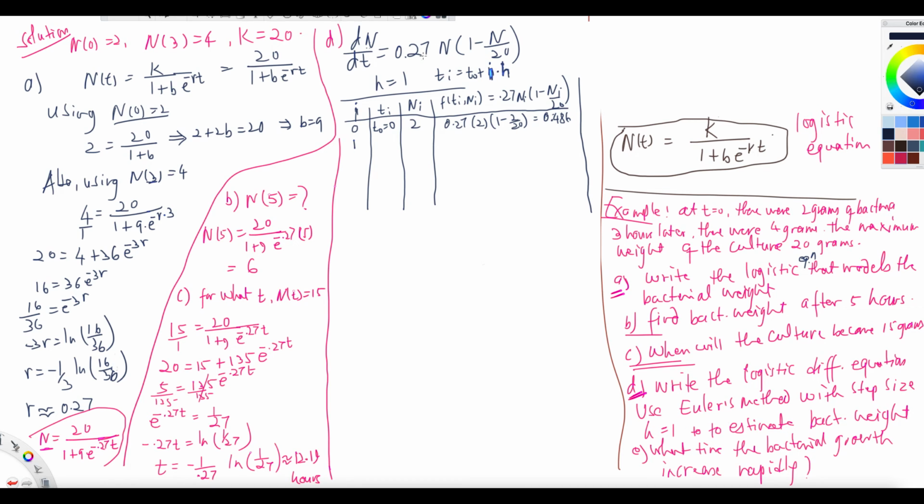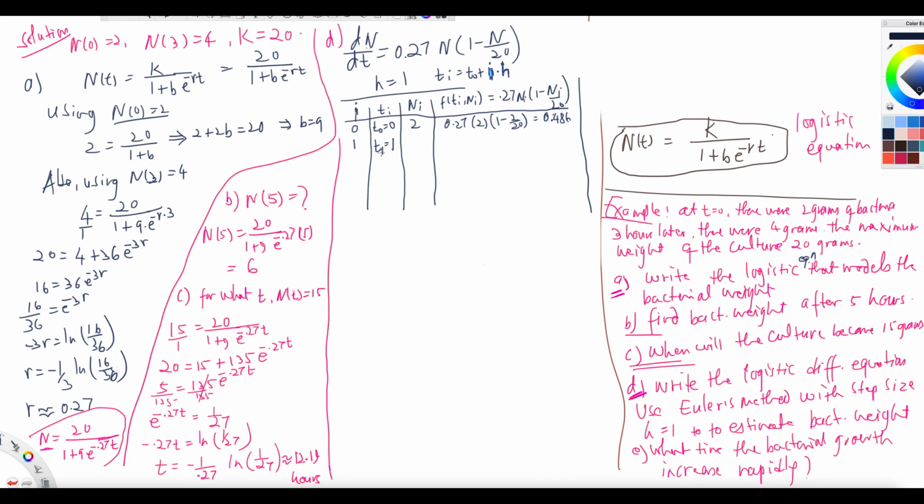Because if you go back and watch the Euler's method video, that's what the formula is. So when i equals 1, t1 will be t0, which is 0, plus i times h. I is 1, h is also 1, so it will be 1.